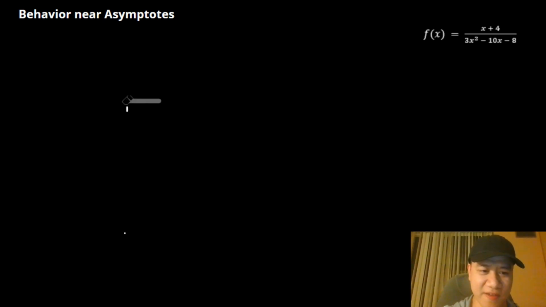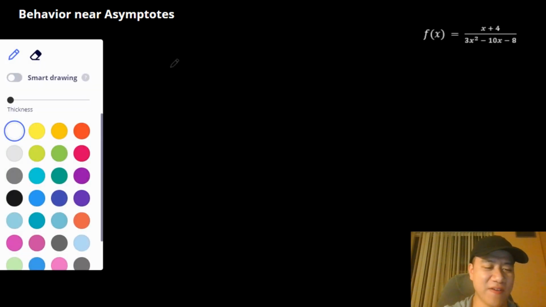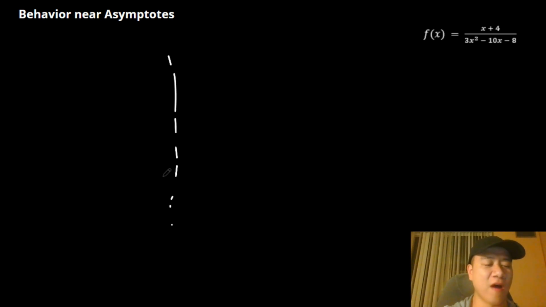Let's erase this for a sec. Okay, so for vertical asymptotes, since we're analyzing the left and right hand side, all we need to do is plug in a point really close to the asymptote on the left side and the right side of the asymptote.